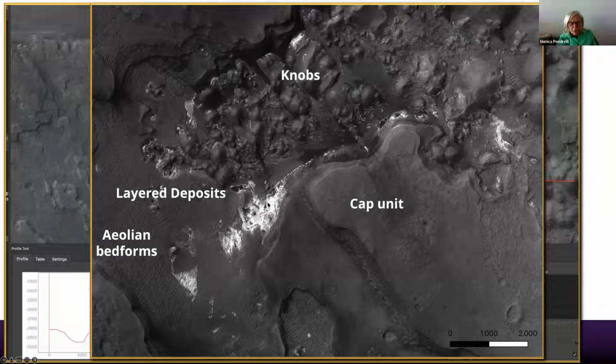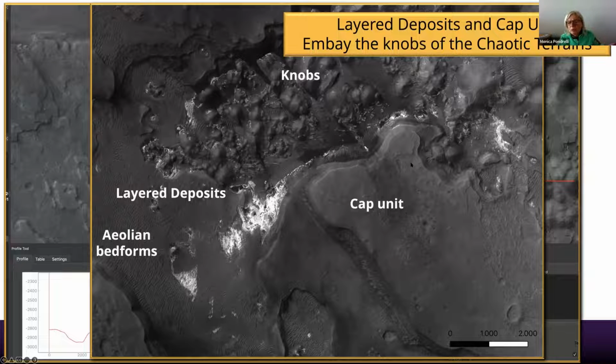We have the layered deposit, the cap unit, and you see here these two units. It's like they are going against the knobs. These are the knobs. It's like they are moving towards, embaying the knobs, with the aeolian bedforms on top. I hope you agree with this. Maybe there is also a perspective view later, which is more clear, but we have the layered deposit and the cap unit, which embay the knobs of the chaotic terrain.